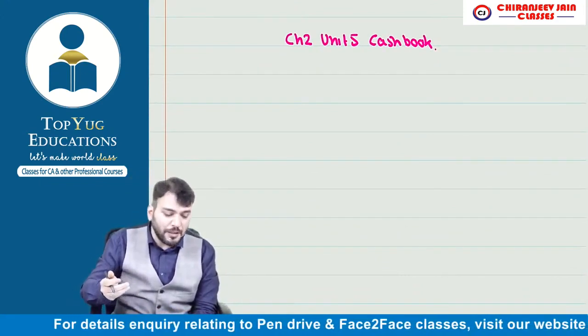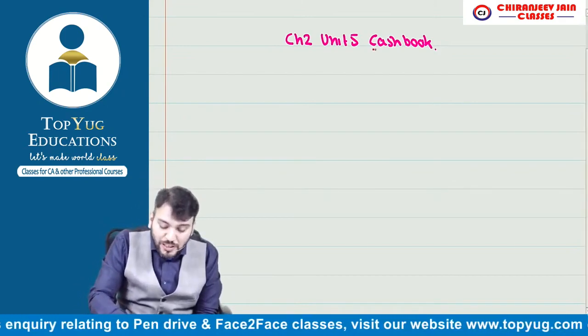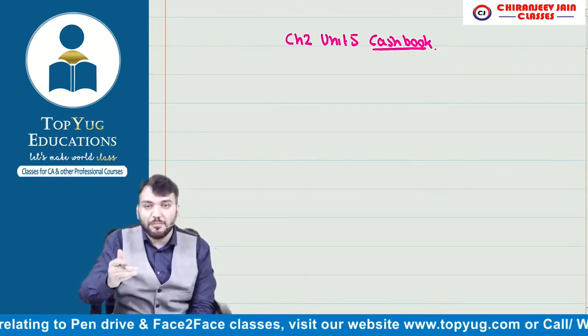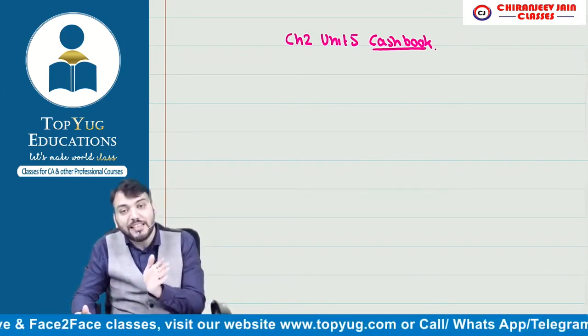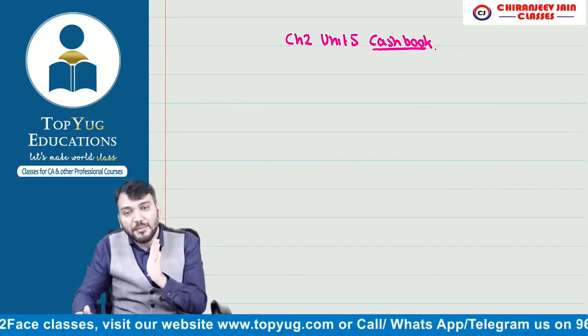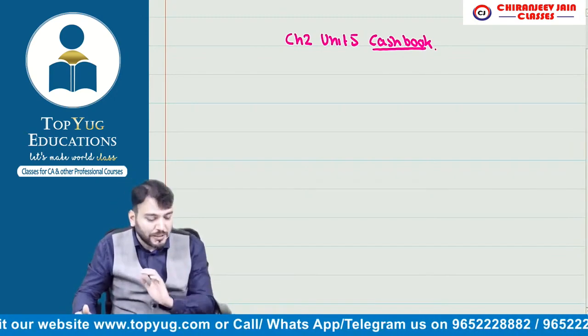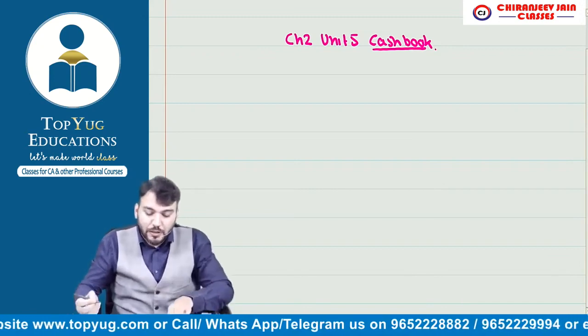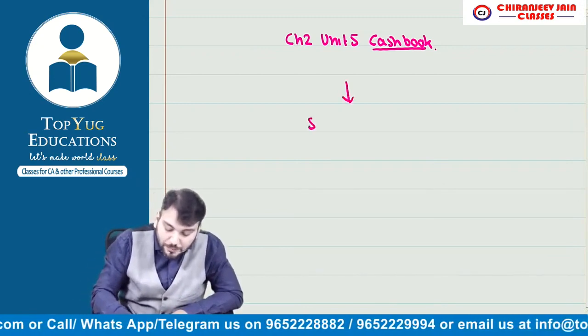The chapter is chapter number 2, unit number 5, cash book. Cash book is also a part of subsidiary book, but it has been given as a separate chapter. Why it has been given as a separate chapter, you will understand when I do this chapter. So cash book is a subsidiary book.